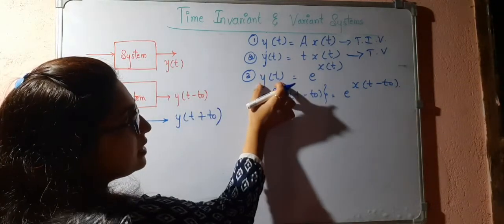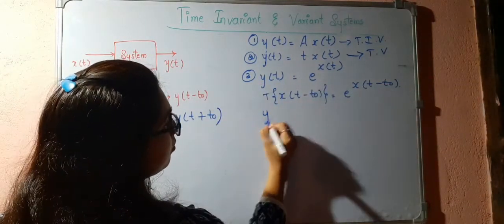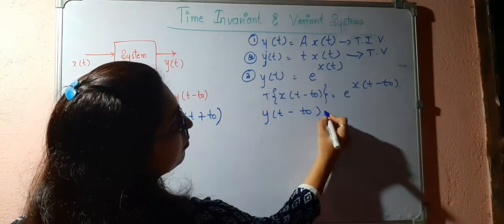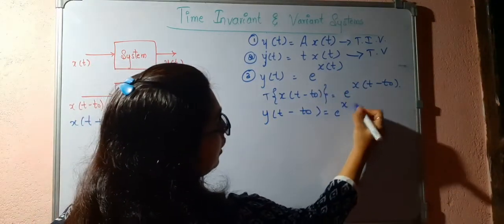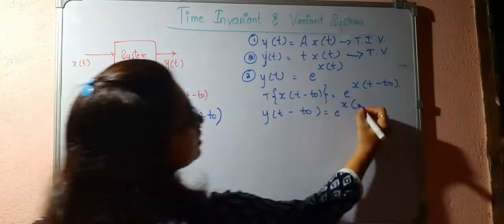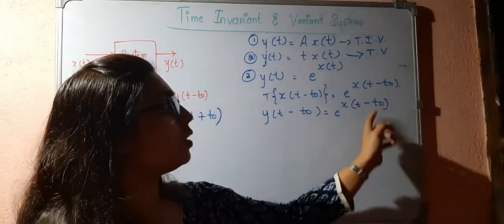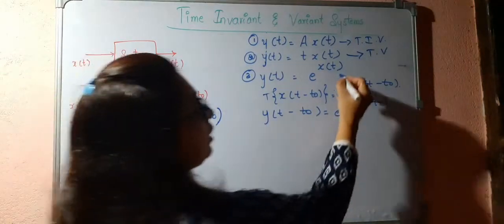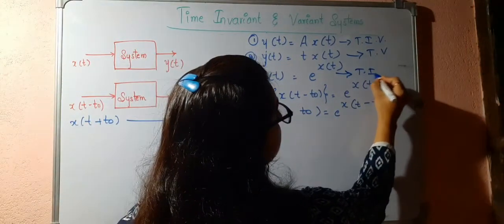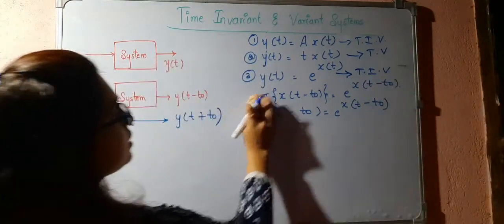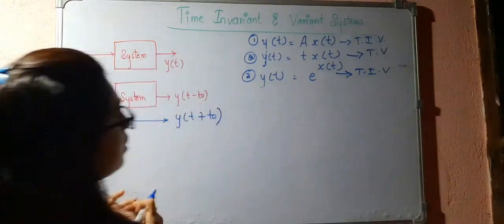Now if I pass this signal through the delay, replace every t by t minus t naught. So here it is only this one. So these two are equal. So this one will be your time invariant system.